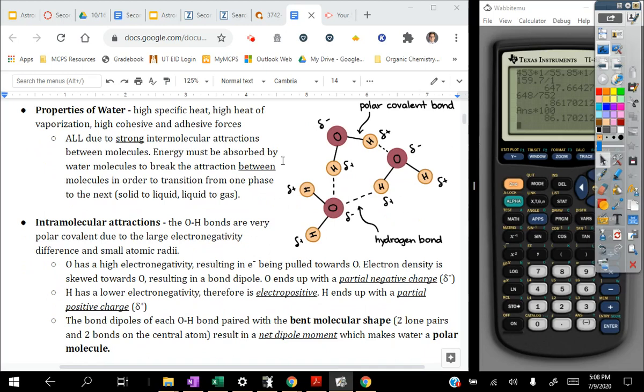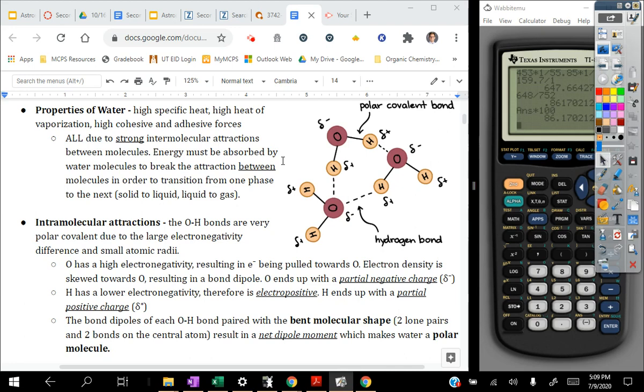So the intramolecular forces, aka the covalent bonds, can lend itself to some of the properties that we see as well. So the OH bonds, the covalent OH bonds, are very polar due to a large electronegativity difference and small atomic radii.